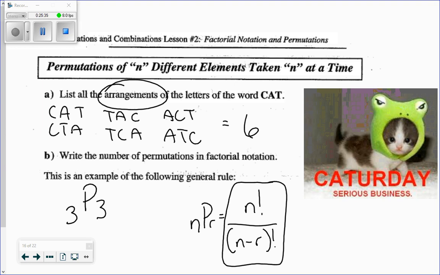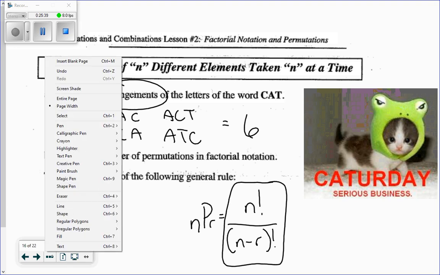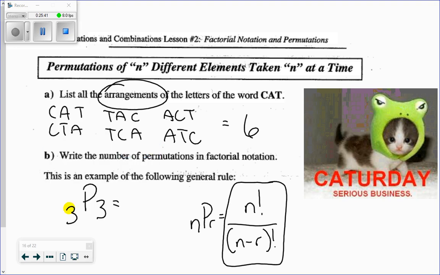So 3p3, what we would do here, so this is my n. The n goes into those two spots. The r goes into that spot. So if we plug those numbers in, we would have 3 factorial over 3 minus 3 factorial.